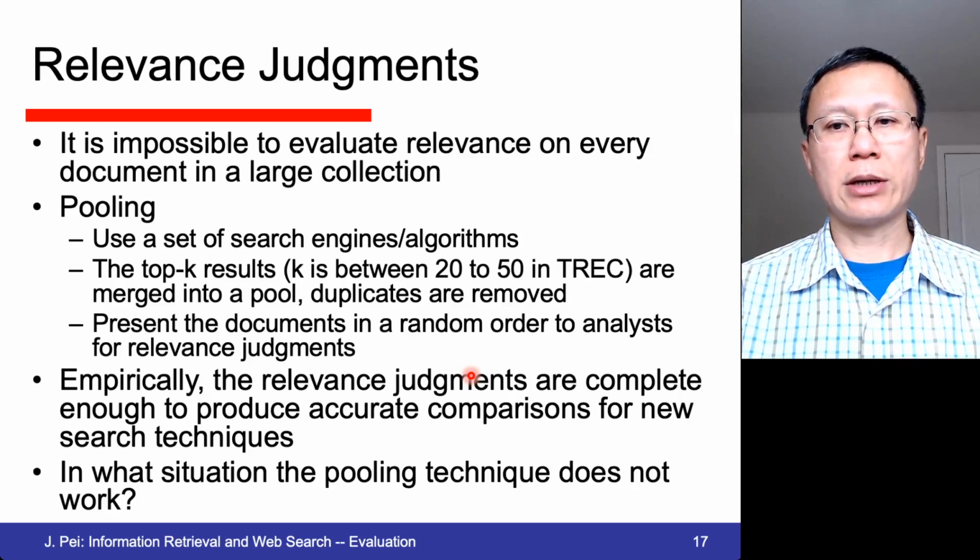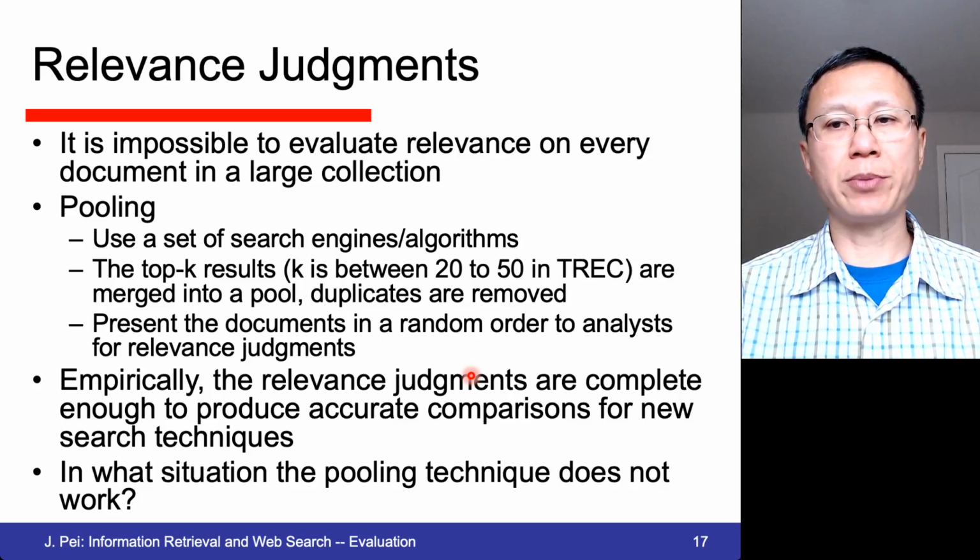For each algorithm or search engine, we take the top K results, where K is typically a small number, like 20 to 50 in the TREC task. Then we merge those top results into a pool and remove those duplicates.